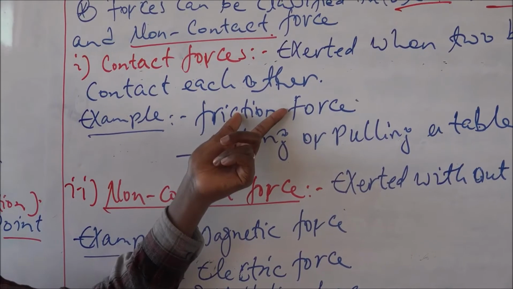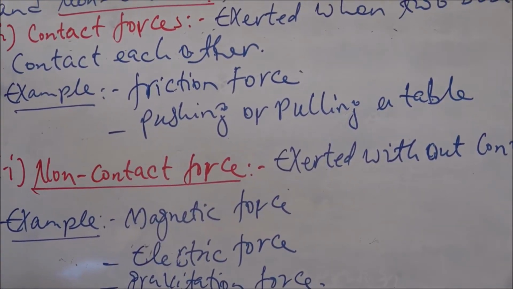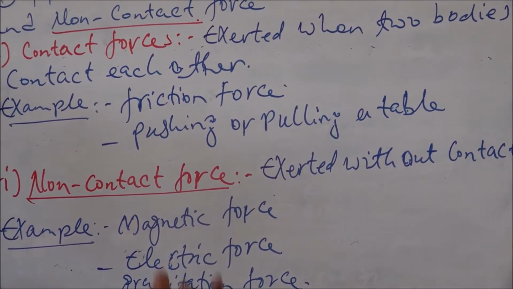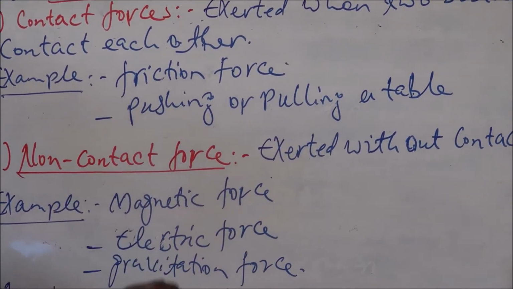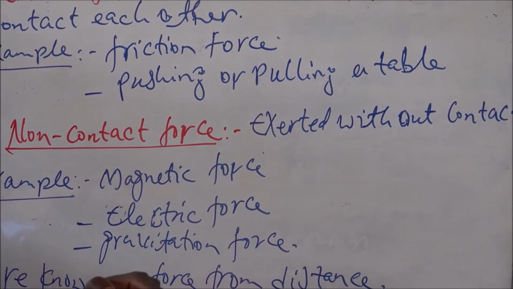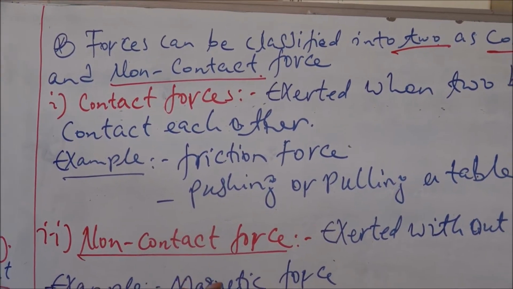Friction force is one form of contact force. For example, if you put a book on a table, the table applies a force on the book, and the book applies a force on the table. Such a type of force is what we call contact force.